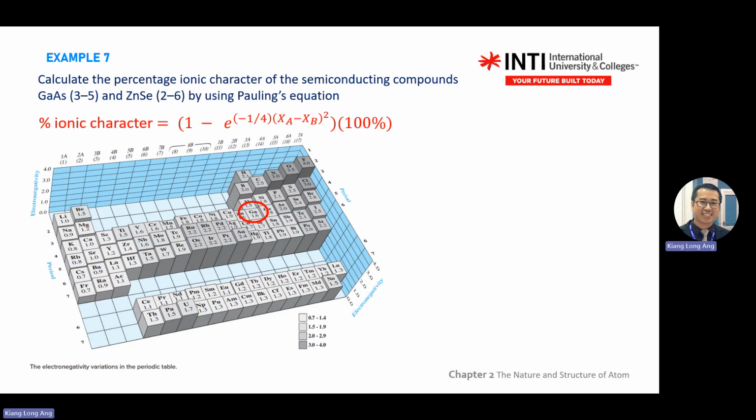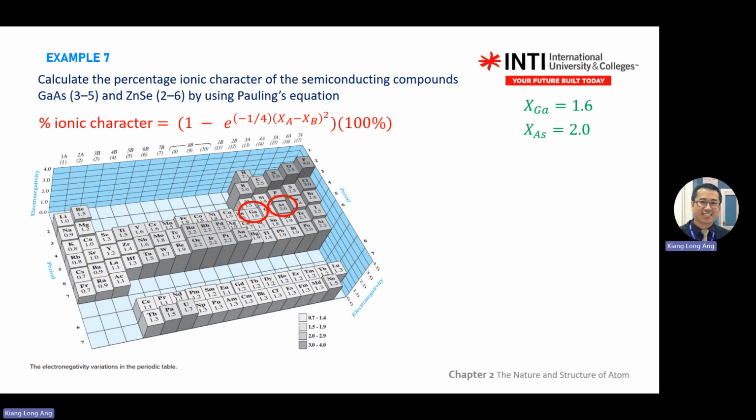It's a three-dimensional chart. Electronegativity is the height of the bar here. Then this is the family in the periodic table, family 1 until 7, and this is the group, sorry, this is the row. GaAs are in the same row, but different electronegativity. Ga is 1.6, As is 2.